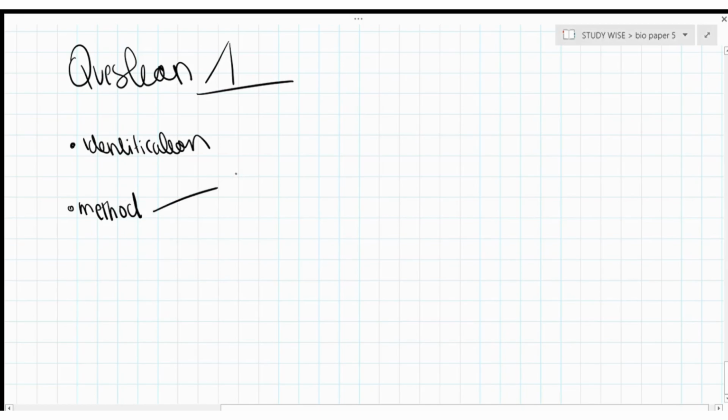The method is basically 8 marks. It could reach 12, but you'd be lucky if it did. And for identification, you go through the same scenario of answering, or the same method.